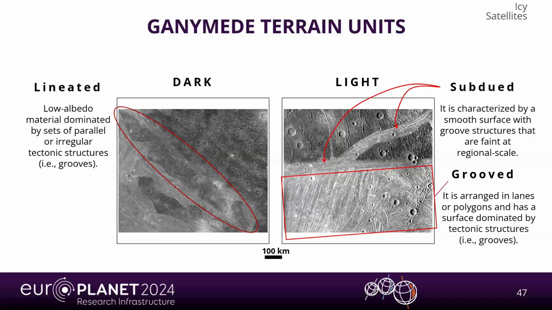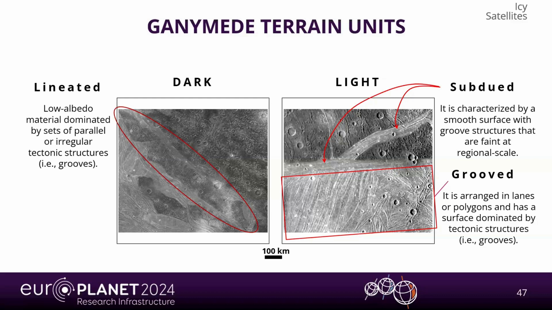So this implies that the tectonic forces that modify the dark lineated unit are related to the same forces that form early light units, and so this is why such dark lineated unit is assumed to be something similar to a precursor for light material.